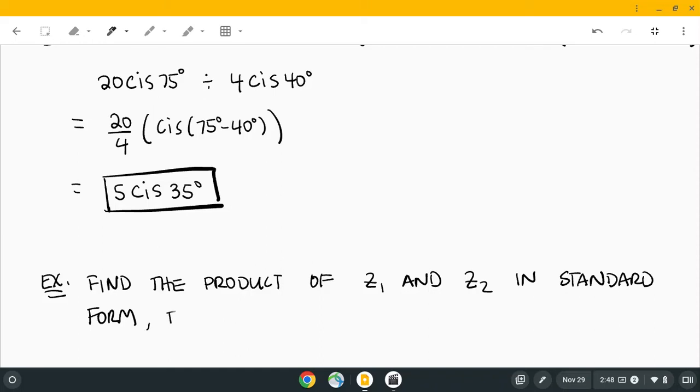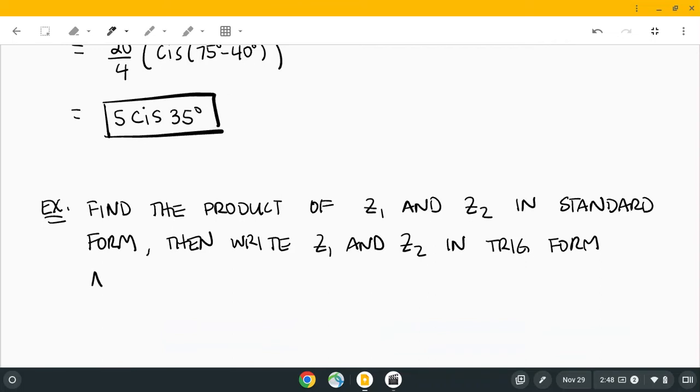Then write Z1 and Z2 in trig form and find their product again. This is so you can take a look at the two methods and see how they compare.